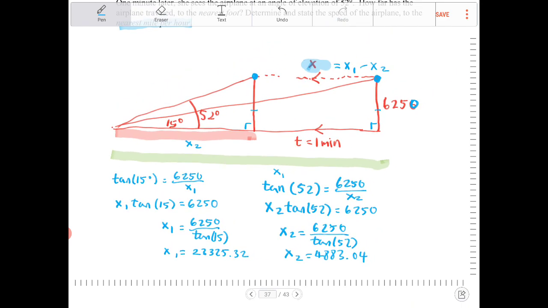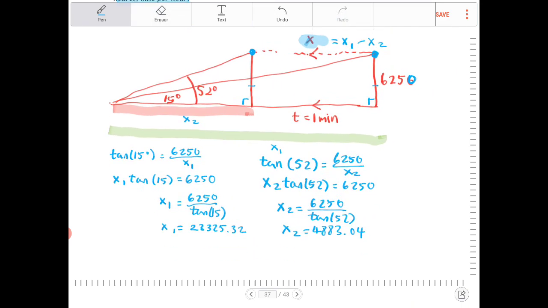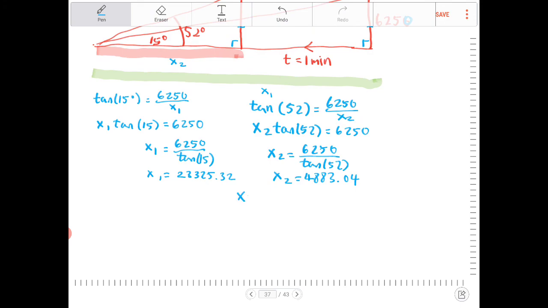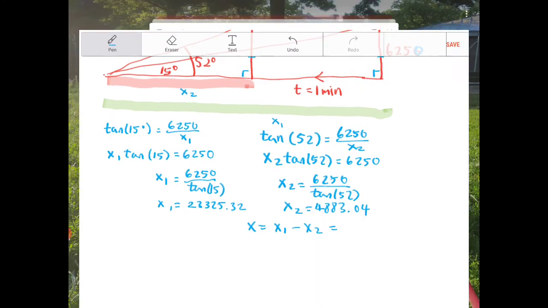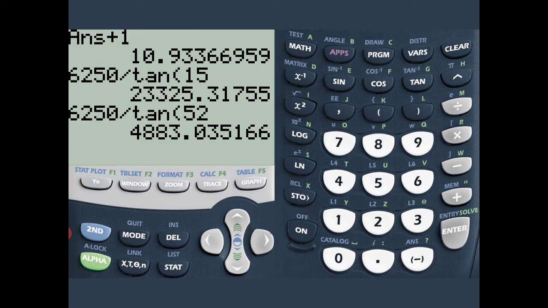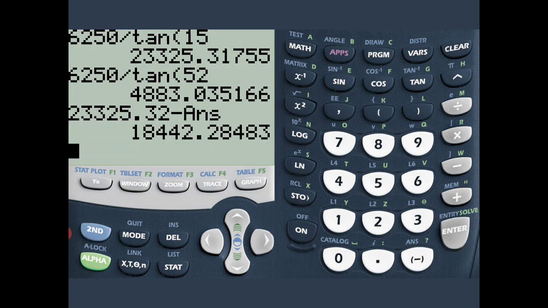Now, x is going to be x1 minus x2. So I take the answer I had before, 23,325.32, minus 4,883.04, and that is 18,442 feet.